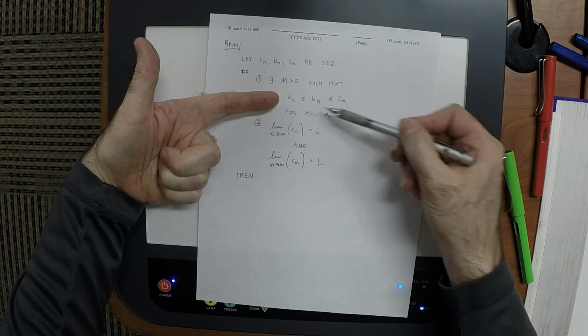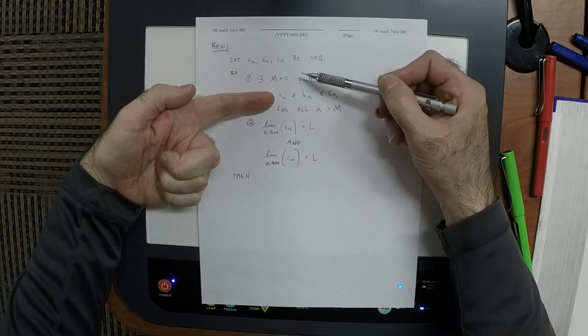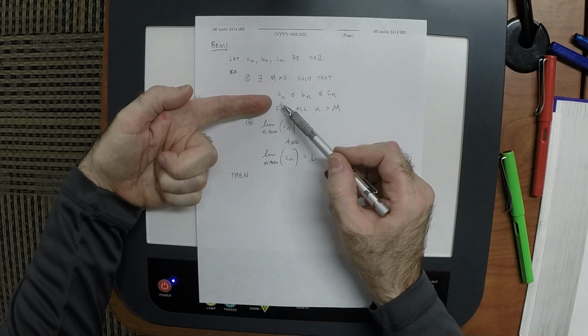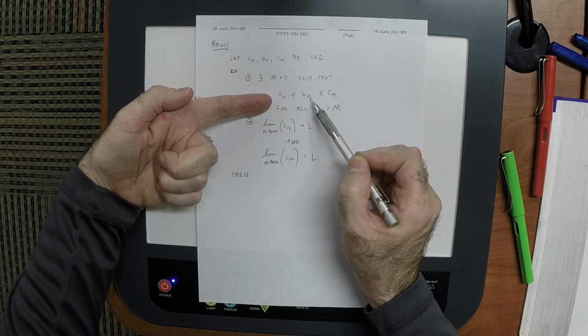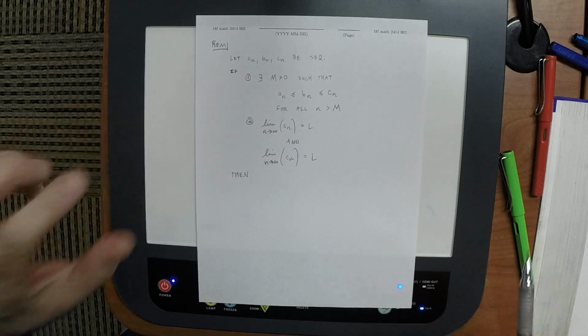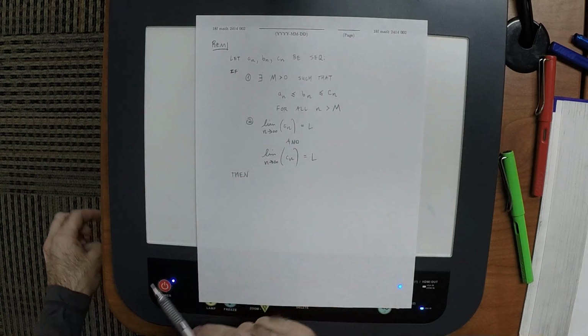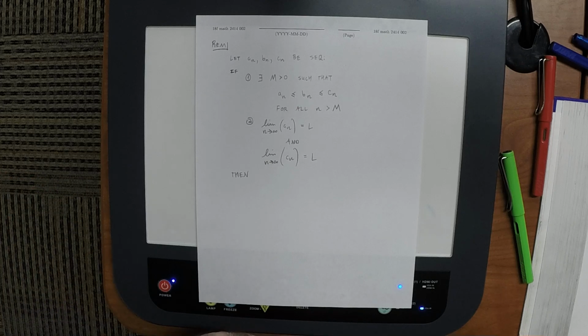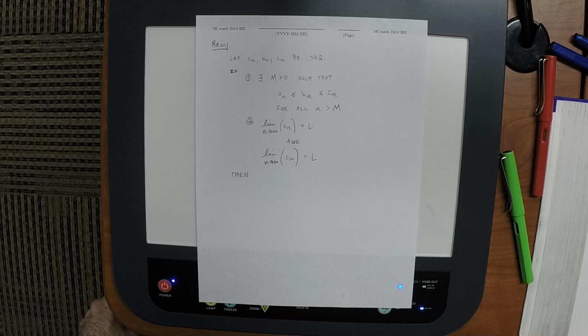So if all of those things are true, it's saying that if they're eventually in that order, and now because they're in an order, to help us with the intuition, I'm going to say that that's the little one, that's the big one, and that's the middle one. So we're saying that if eventually they're in that order, and the little one converges to L, and the big one converges to L, then what about the middle one?